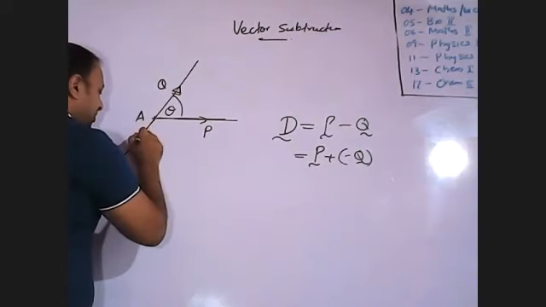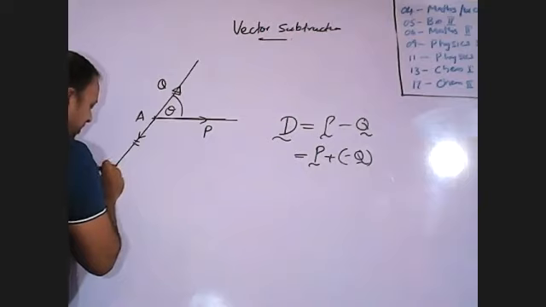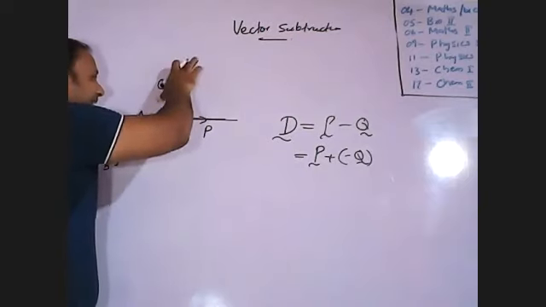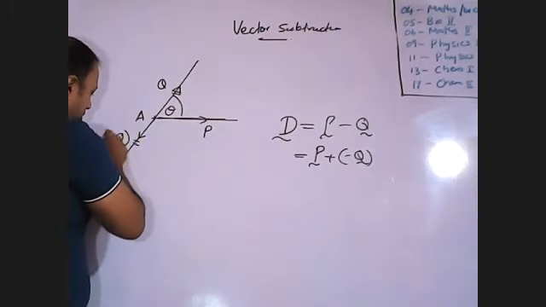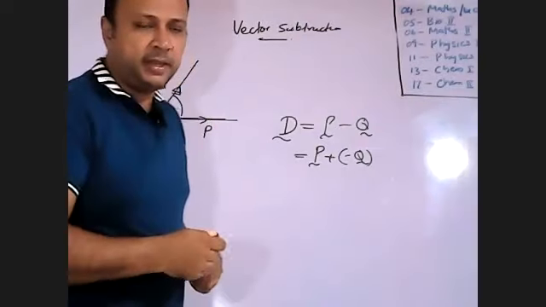Suppose this is B. This vector AB is the minus or negative vector of Q. Negative vector, minus vector, or reverse vector.